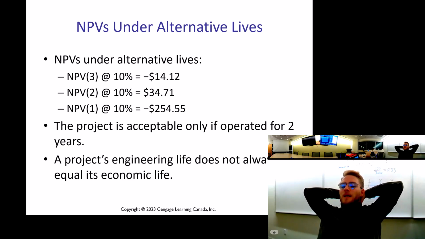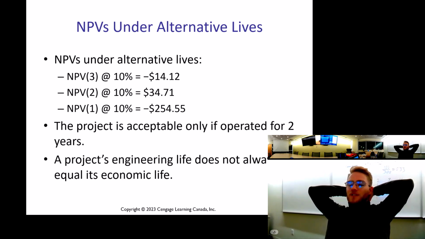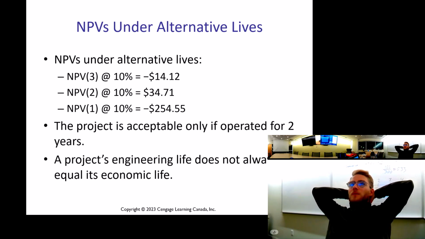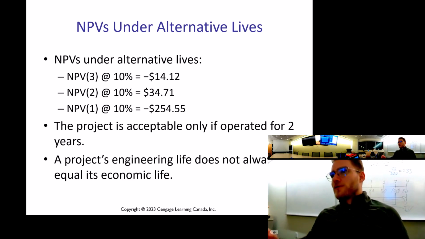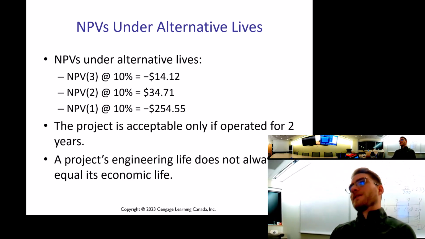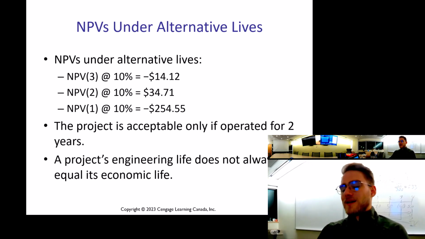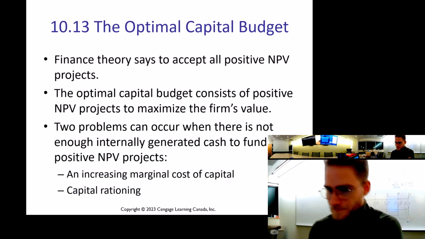So the project is acceptable only if operated for 2 years, and a project's engineering life does not always equal its economic life. Economic life is when we maximize the value of the project, whereas engineering life is more so how long this car can run until the wheels fall off and the frame rusts through and the engine falls out, right? So it's not necessarily the same. It shouldn't be assumed to be so either.